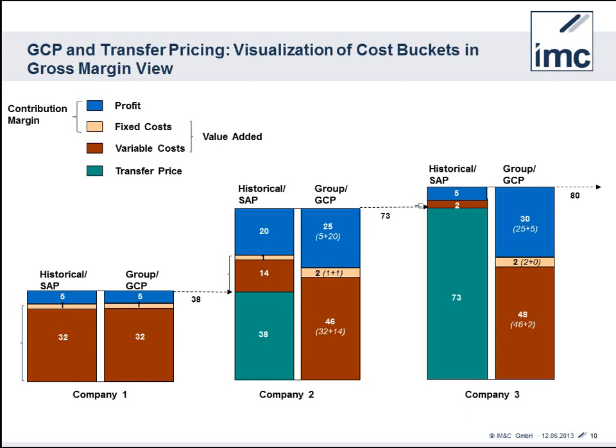Then you have a group value, which is generally calculated by GCP. You can also have, although here you don't see it, a local value.